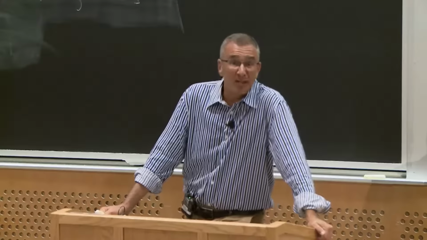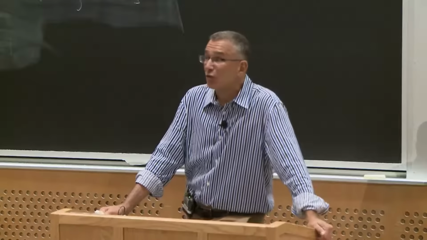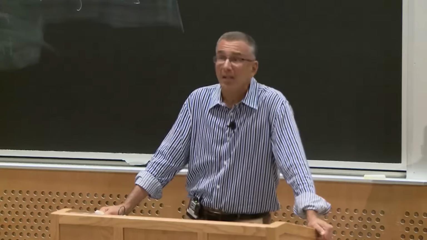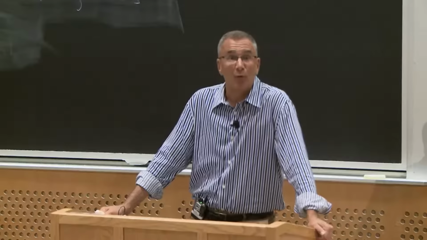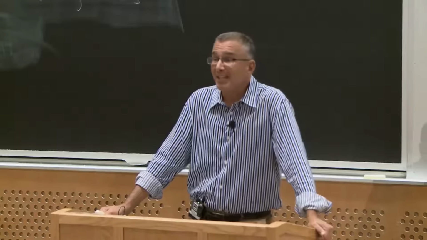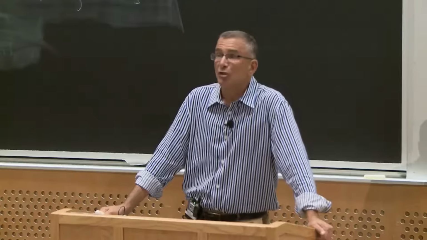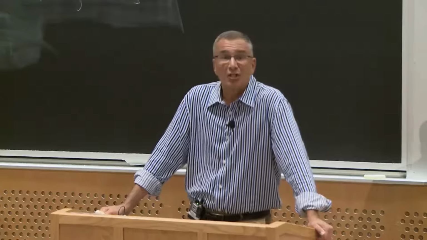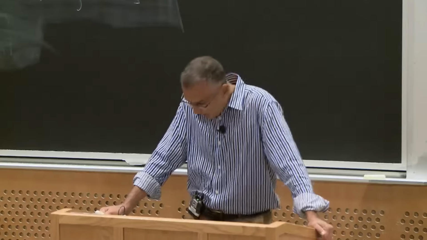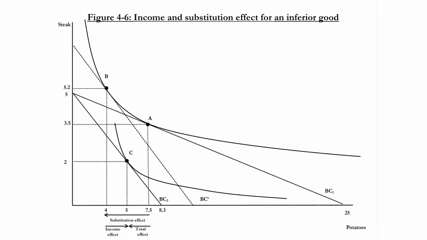Right? Poor people, especially back in the day, used to have to eat potatoes because they were cheap to grow and very filling. And steak was unaffordable. But basically, as you get richer, you want fewer potatoes and more steak. Okay, especially in agricultural society. Okay, so let's say originally people are at BC1, where the price of steak is $5, the price of potatoes $1.